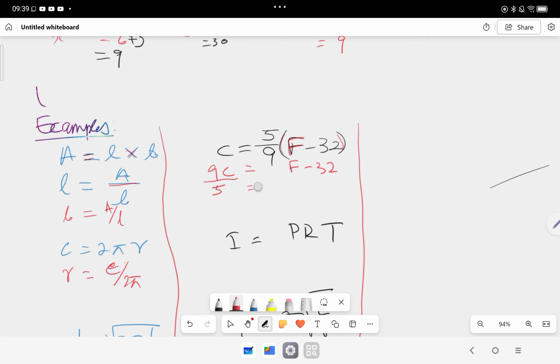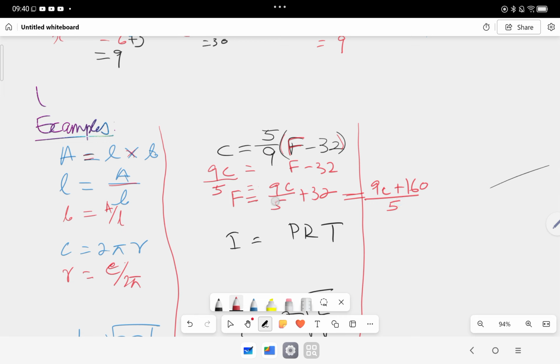Therefore, I can write F is equal to 9C over 5 plus 32, moving this to this side. Or you can write this in a simplified form, 9C plus 160 over 5.